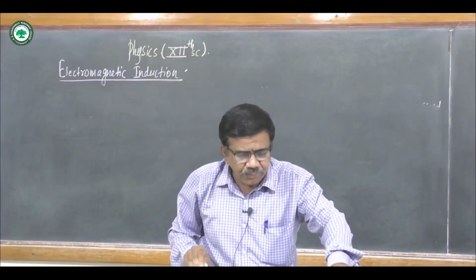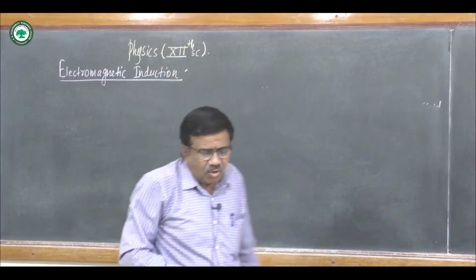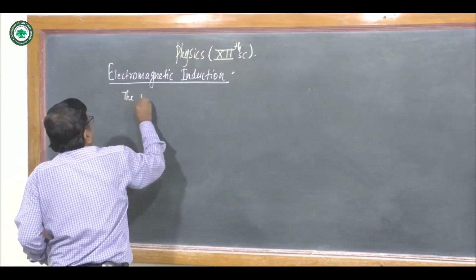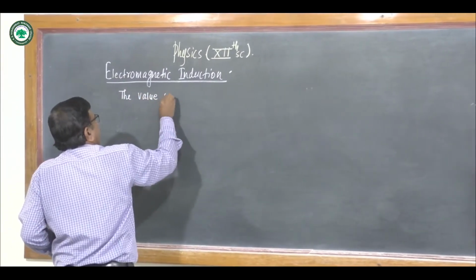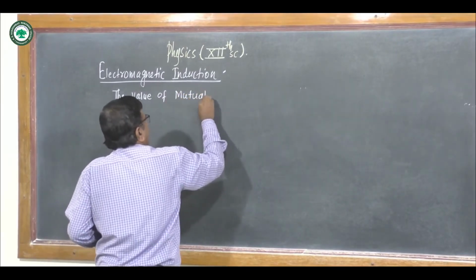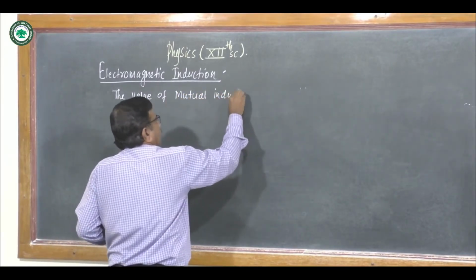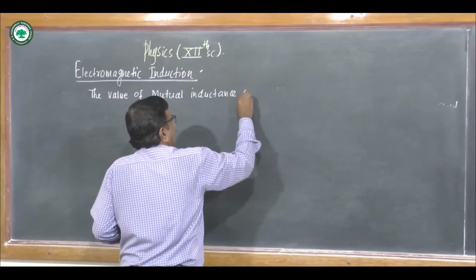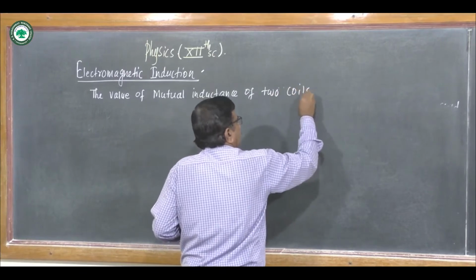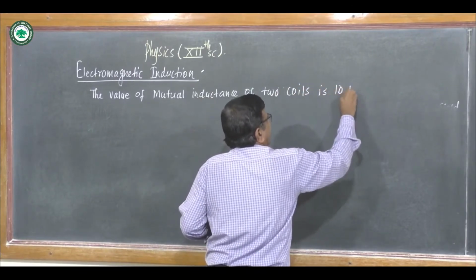The value of mutual inductance of 2 coils is 10 millihenry.